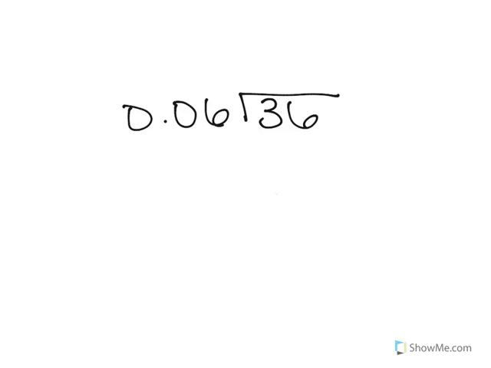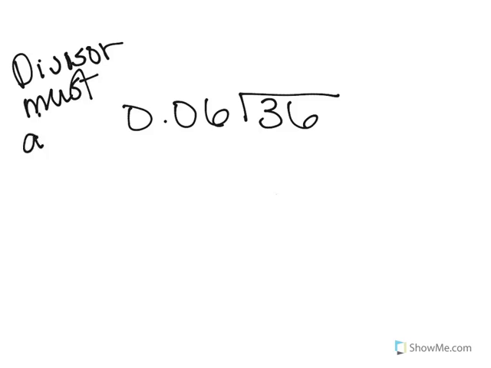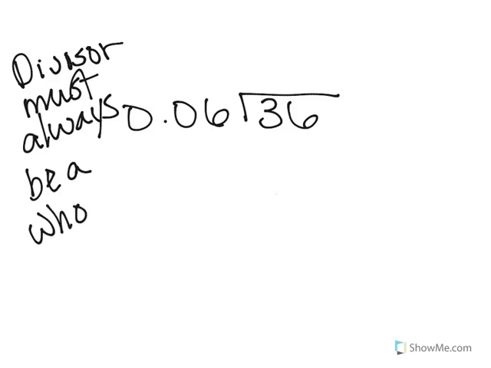So, in a division problem, the divisor must always be a whole number. Now, technically, it could be an integer, but it can't have a decimal or a fraction.